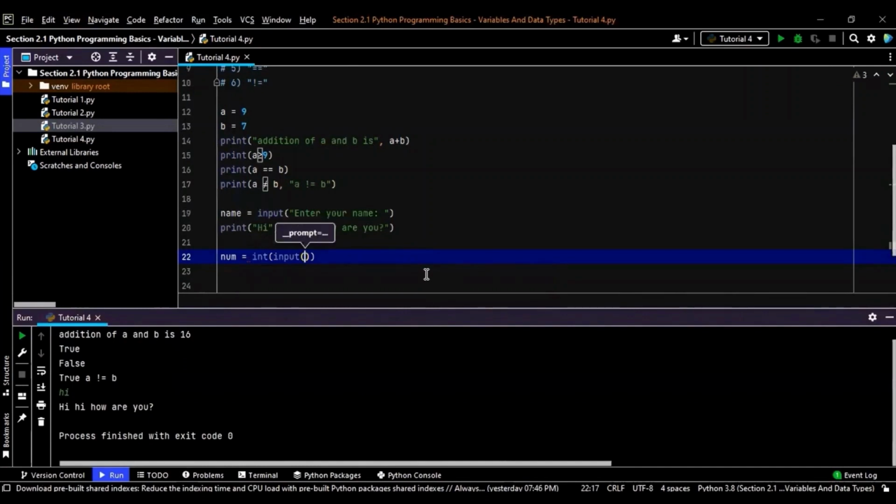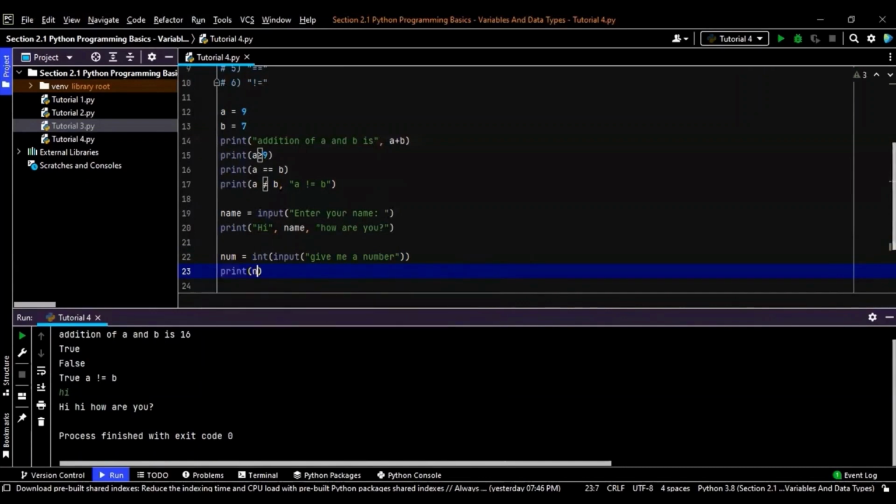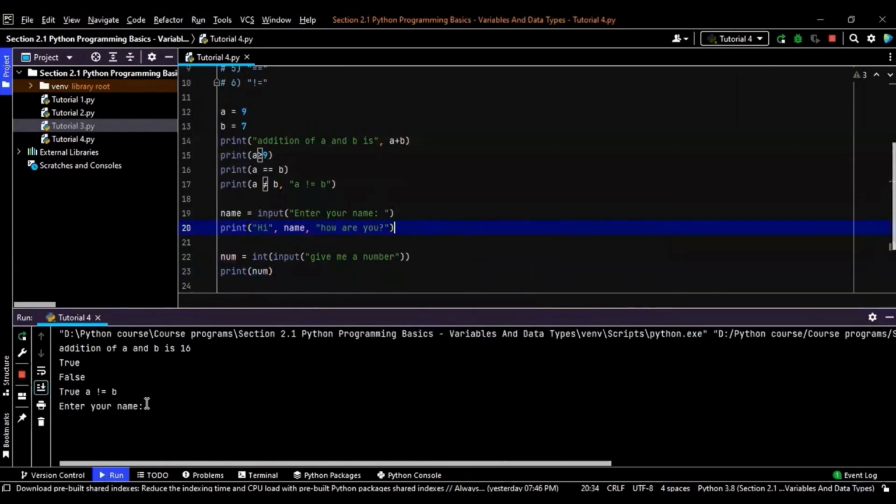This is how you take a number as the input. Give me a number. And let me just print num. Let's try running this, and then I'll tell you a few more things about it.